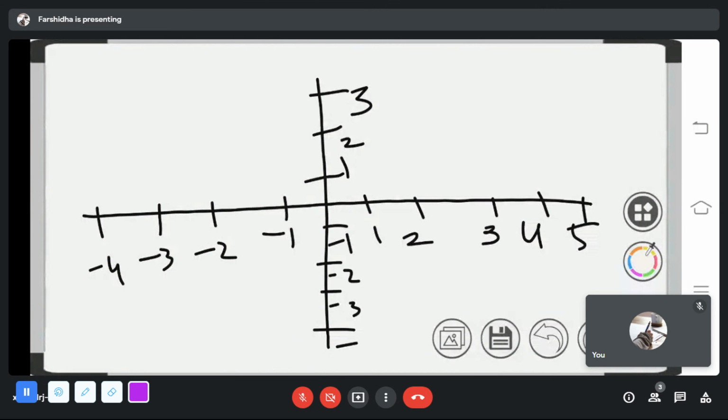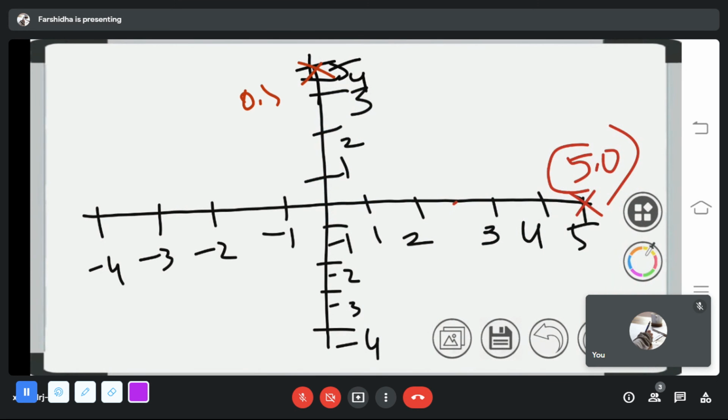Five zero. 5 on the x-axis, 0 on the y-axis. So this is your point (5, 0). Now (0, 5): 0 on the x-axis, 5 on the y-axis. So this is your (0, 5).